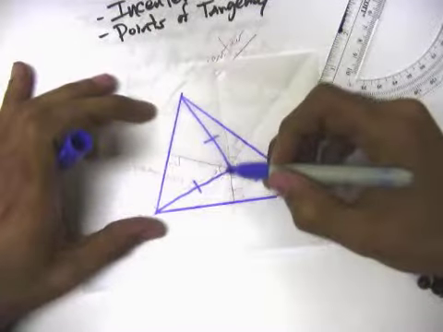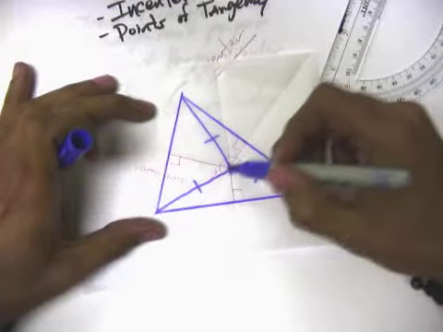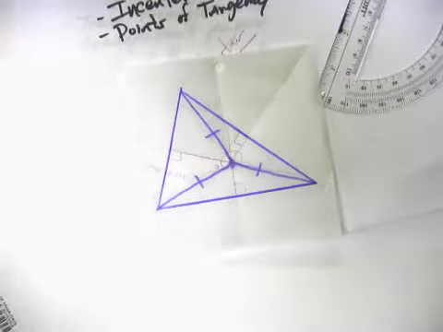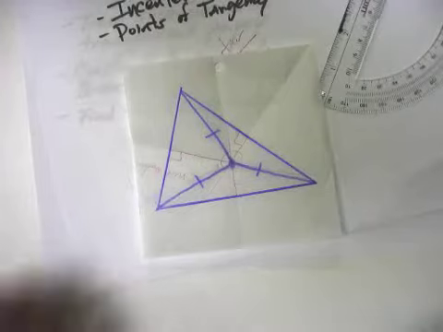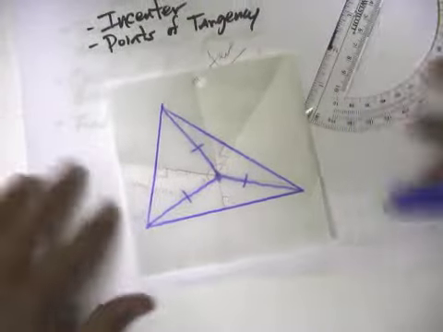Can you please tell me how long these segments are? Well, then you would know that all segments are congruent. So we know that the circumcenter is equidistant from all the vertices. But how do we get the circumcenter? The circumcenter is made by the perpendicular bisectors.